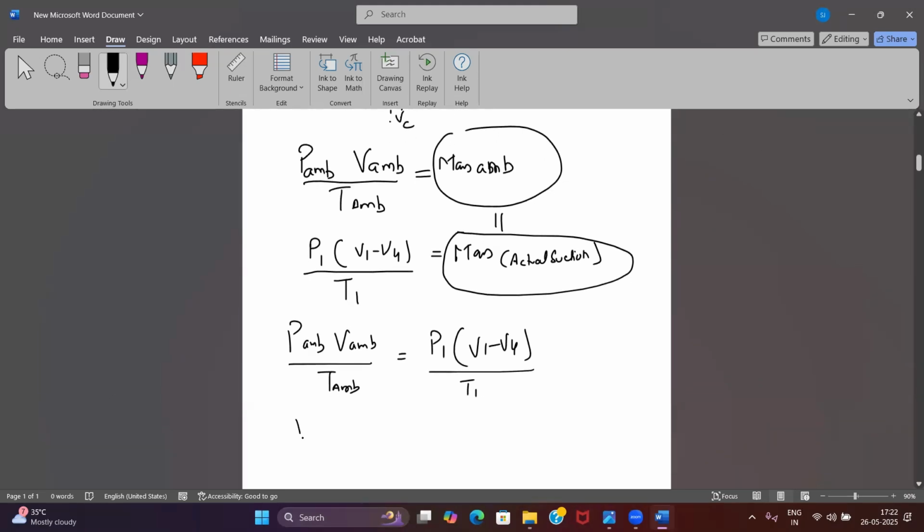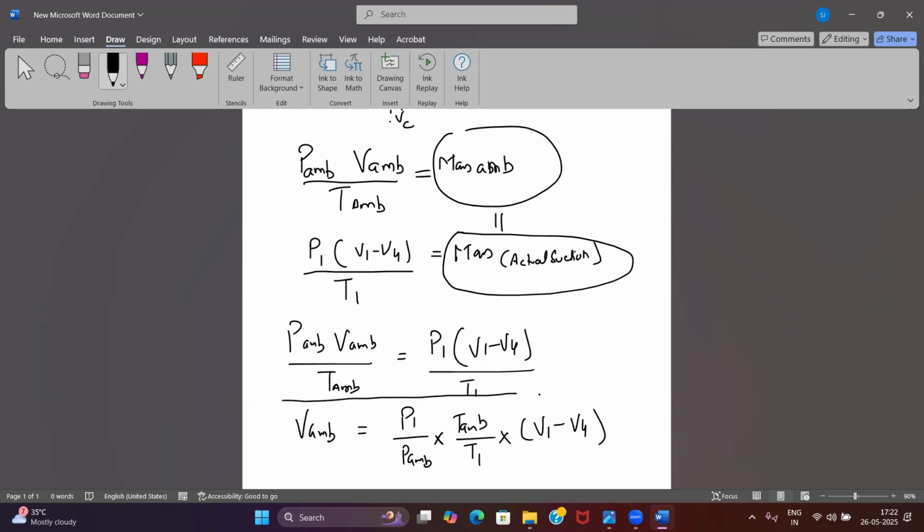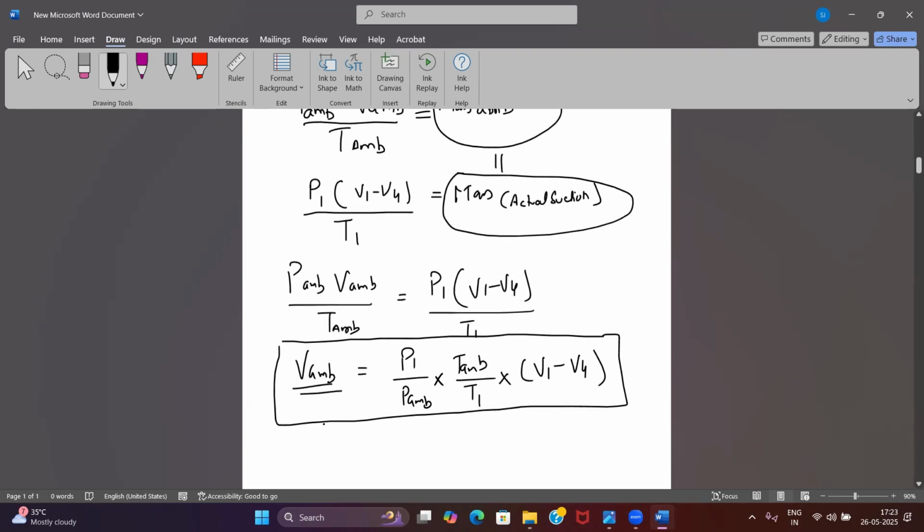So my V ambient comes to P1 by P ambient, multiplied by T ambient by T1, multiplied by V1 minus V4. This V ambient, which we are finding out through this conversion, is what is known as your free air delivery. V ambient is your free air delivery.